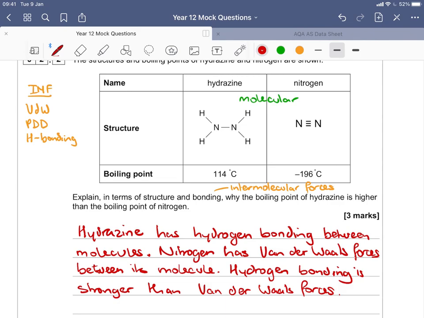And what that means is then that more energy is required, but that wasn't necessary for this mark. But sometimes, if you're not sure, or you think it's 4 marks, then the final thing to add would be: more energy is required to separate or to overcome the forces of attraction in hydrazine than in nitrogen, so there is a higher boiling point.